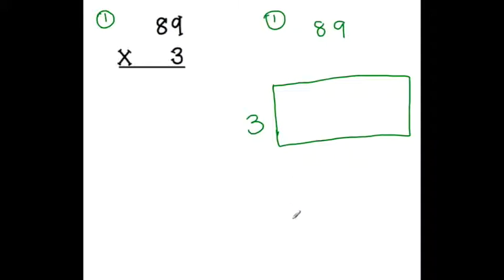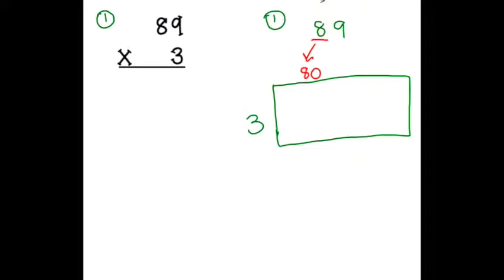Now we're going to follow the steps. Step 1 was draw your array. Step 2 was split this number apart. We're going to distribute our number, or another way to think of it is write it in expanded form. So let's see. What is the value of the 8? It's 80 because it's in the tens place.